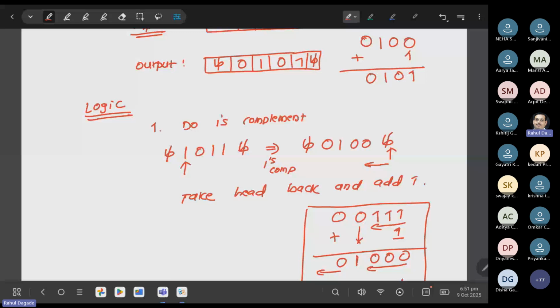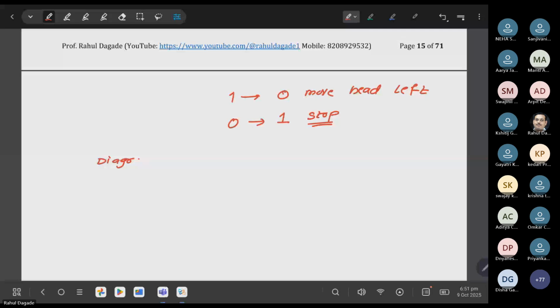So now let us try to implement it with the diagram. Initially you are in the Q0 state. It's the start state. What we are doing here is implementing 1's complement. So 1 is converted into 0, moving the pointer to the right. 0 is converted into 1, moving the head to the right.